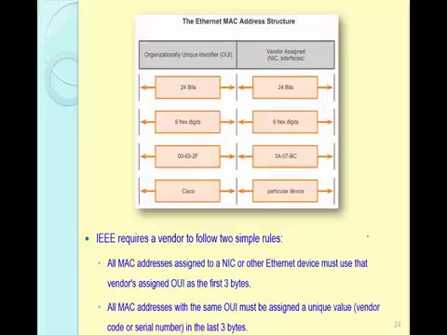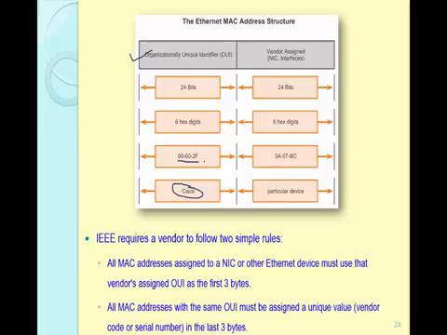When they do register, the IEEE assigns them what's called an organizationally unique identifier, and that identifier is 24 bits long. So you go to a vendor like Cisco, and they're assigned by the IEEE the hexadecimal digits 00602F, which is basically 24 bits. And then what the IEEE asks of each of these vendors, for the remaining 24 bits of a MAC address, is to choose a unique number.